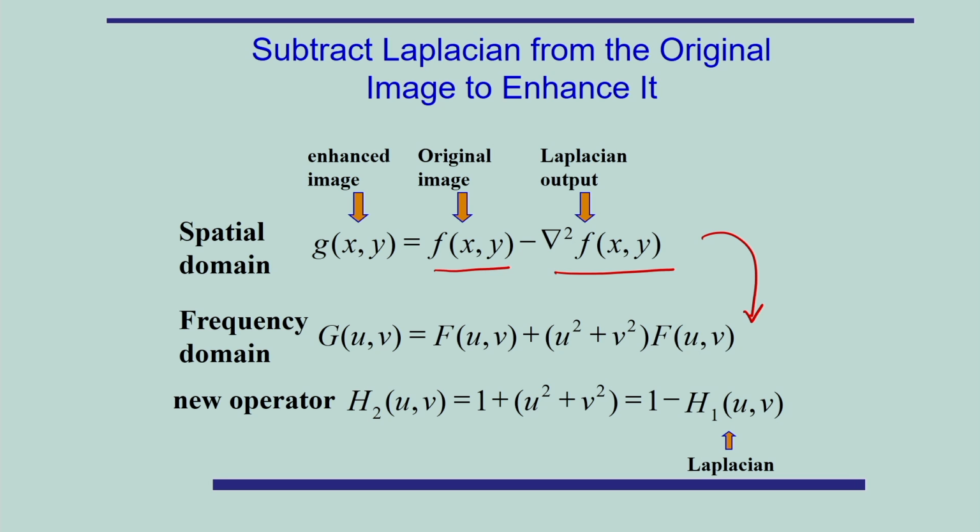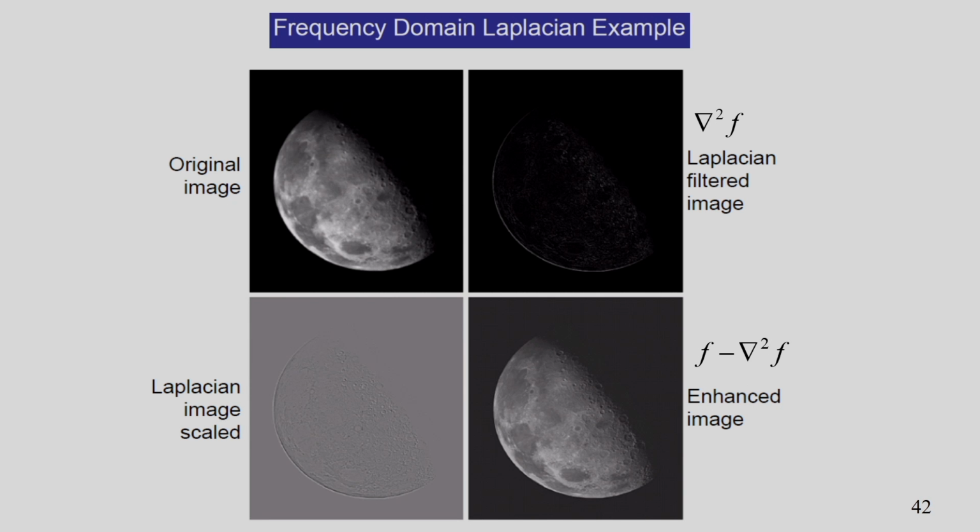That is the Laplacian I am considering in the frequency domain. And I have the new operator H2(u,v), that is nothing but 1 plus u square plus v square, which is equal to 1 minus H1(u,v). That is the Laplacian.